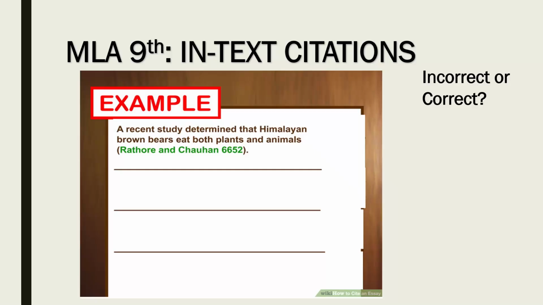In example number 2, we see that Rothor and Chachan, the two authors, are mentioned in the sentence. At the end of the sentence, we see the locator or page number where this information was obtained.